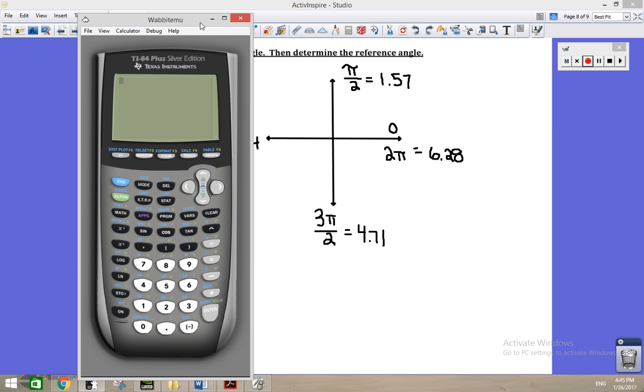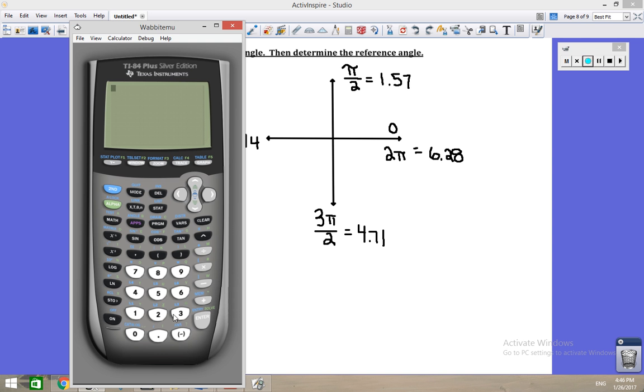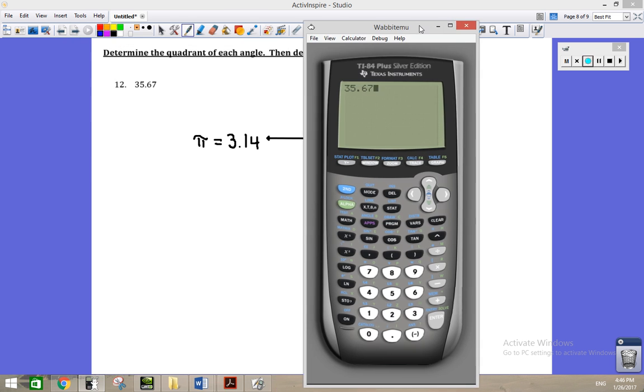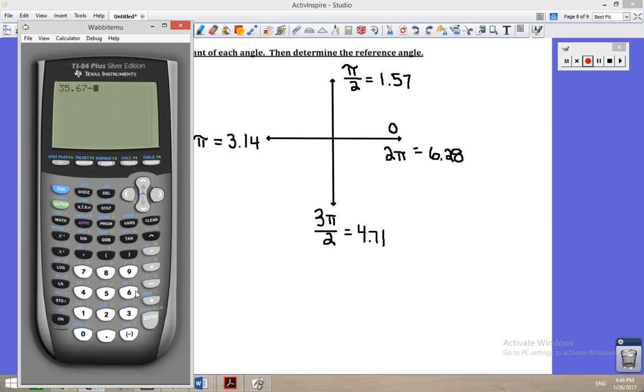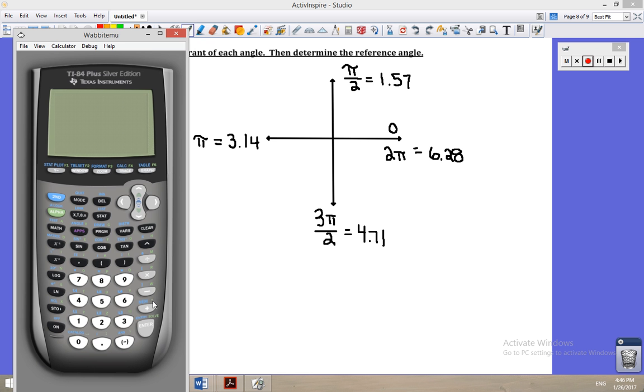So I have this number 35.67, and I take away 5 revolutions, and each revolution is 2 pi radians. I'm just going to clear this. 35.67 minus 5 times 2 pi, minus 5 complete revolutions, gives 4.25.